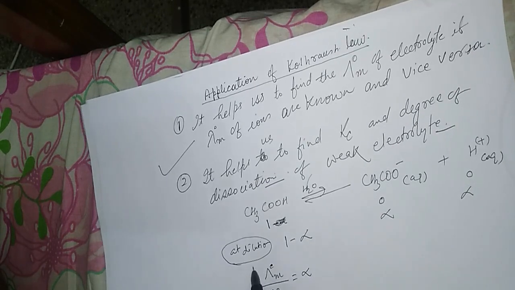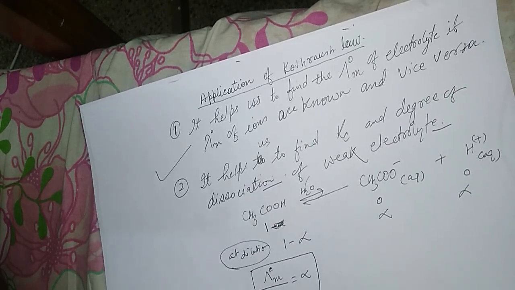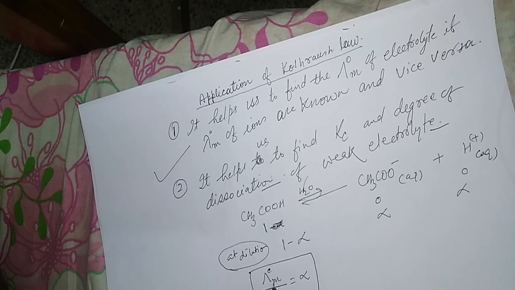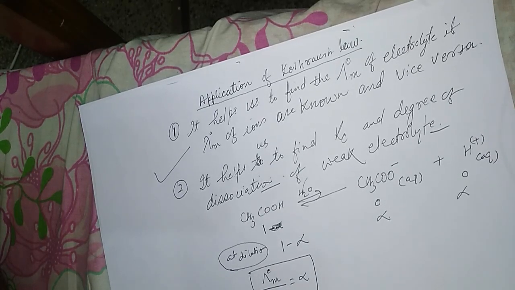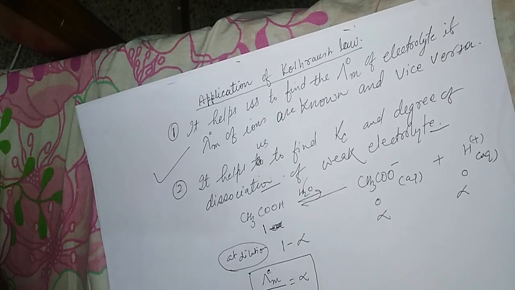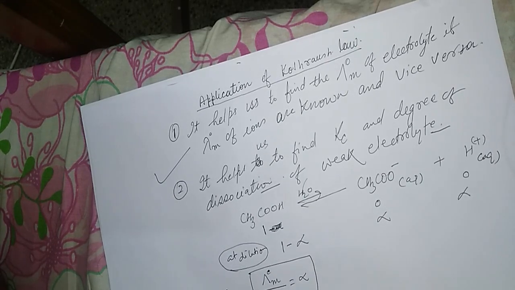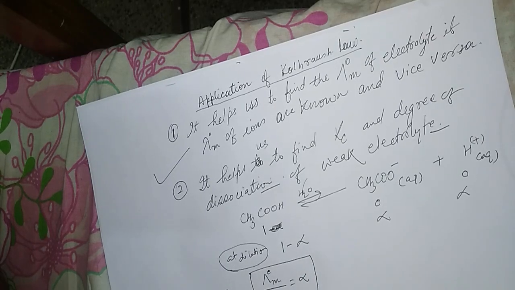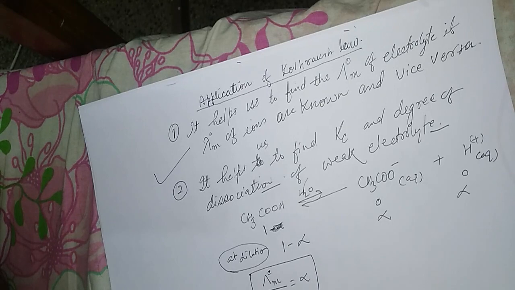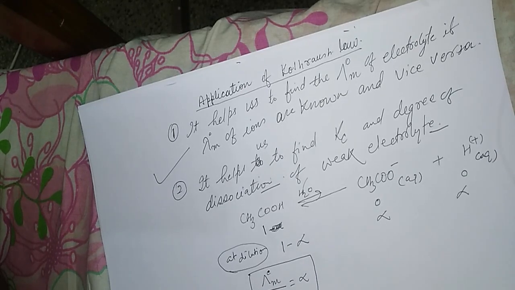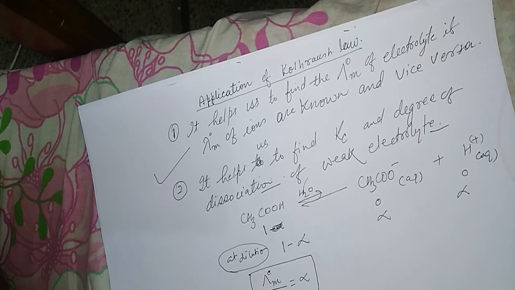This is one value, and we can relate it as lambda m equal to lambda m for say A plus lambda m for say B, for any electrolyte AB, considering that A and B are 1:1 molar.